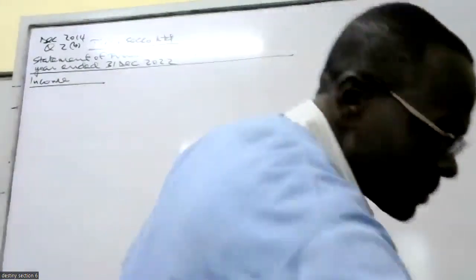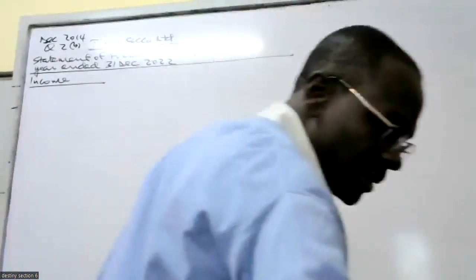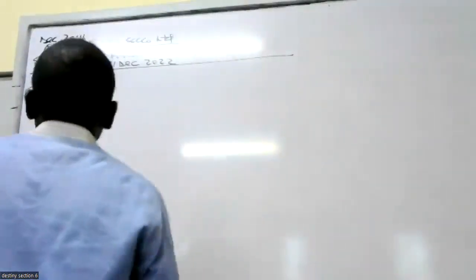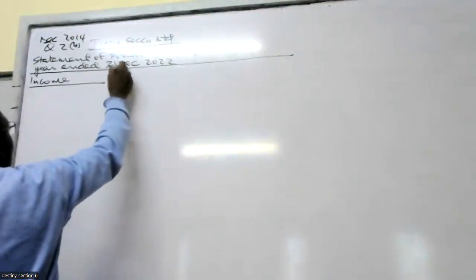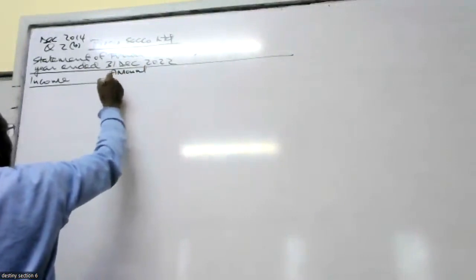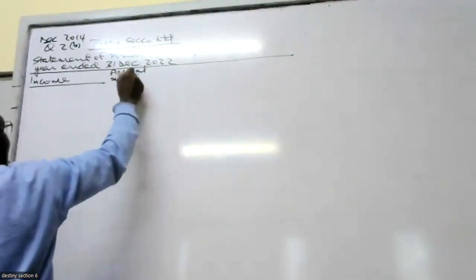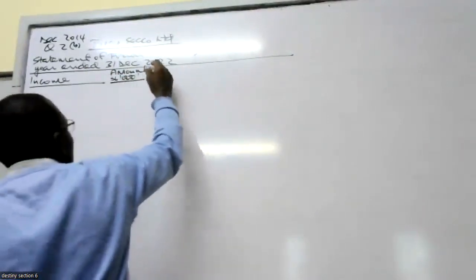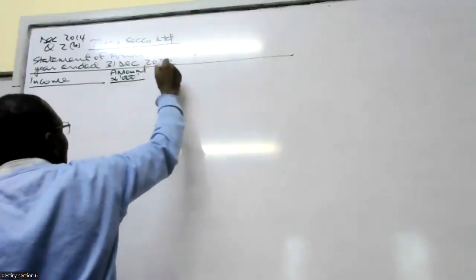So the first column, we look for income items. Then in the second column, we look for the amount, probably in thousands of shillings. Then we'll get the proportions, which we discussed.